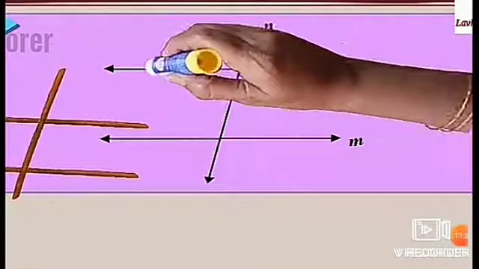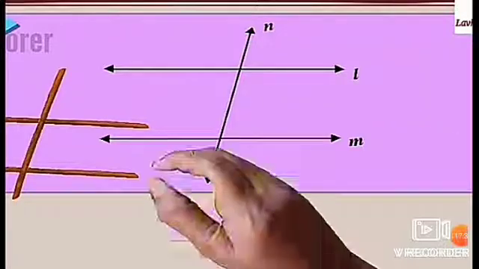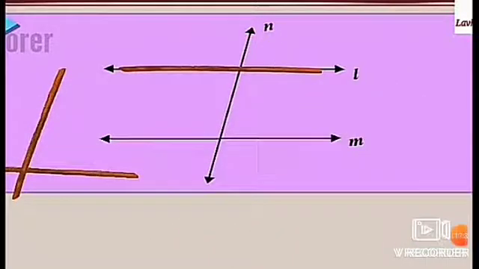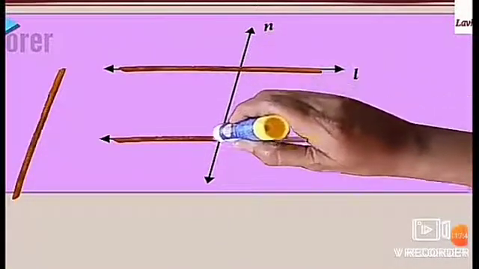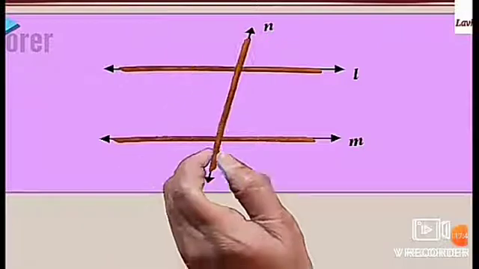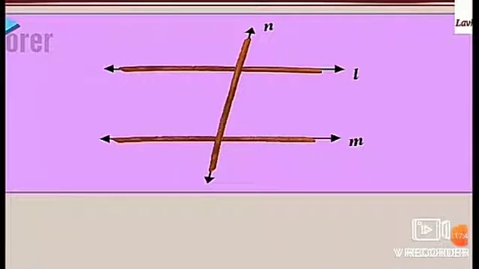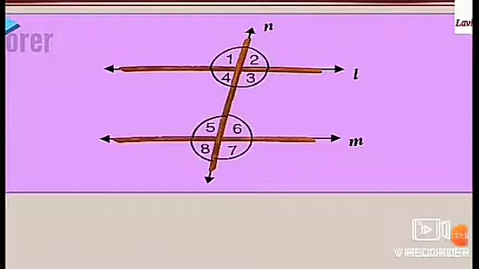Take straight sticks and paste them on the lines. What do you observe? Yes, there are 8 angles which are formed at points A and B.